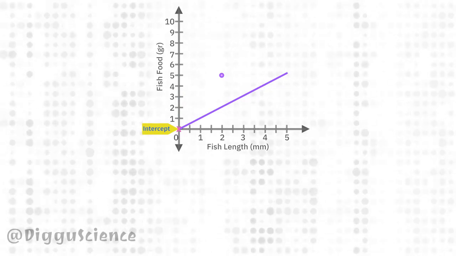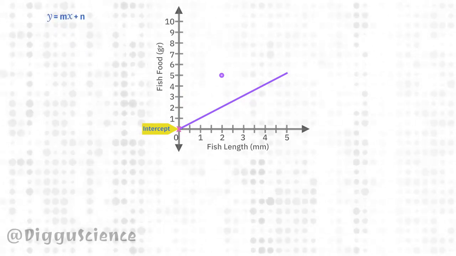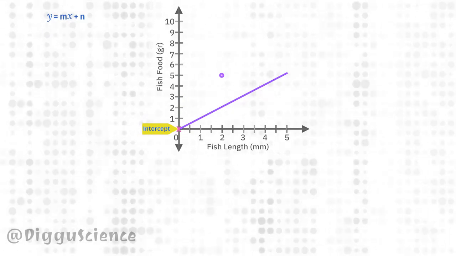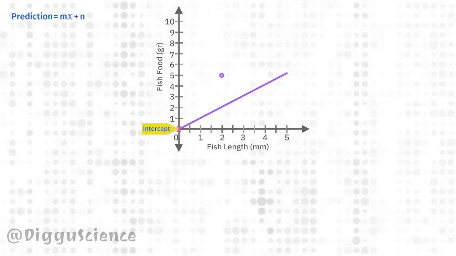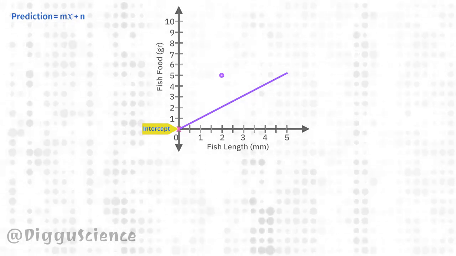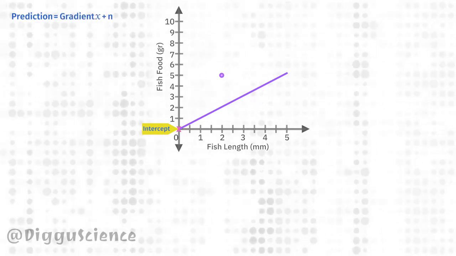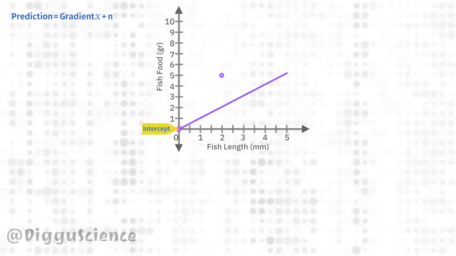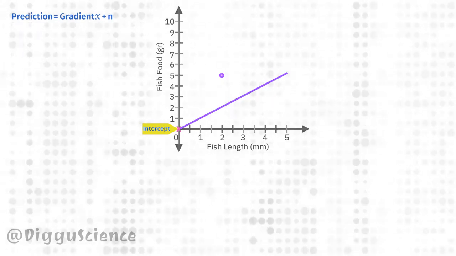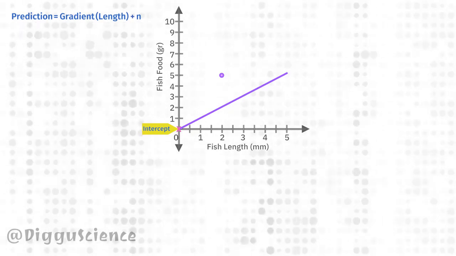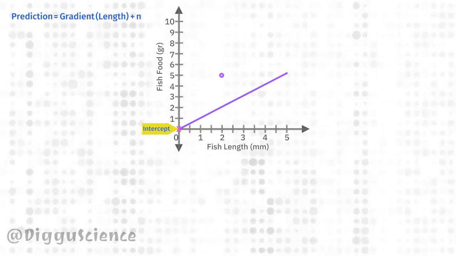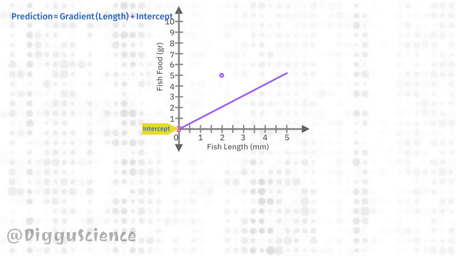Based on the general equation of a straight line, y is equal to mx plus n. Here, y is the predicted value. m is the slope of the line, or gradient. x is the length of the fish. And n is the intercept.